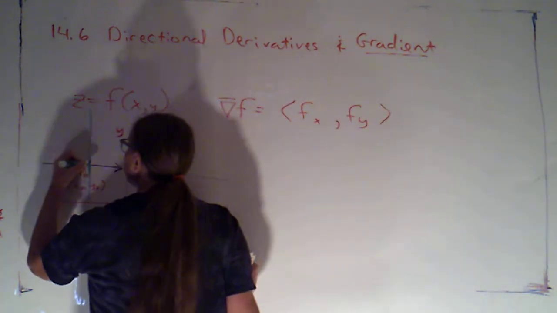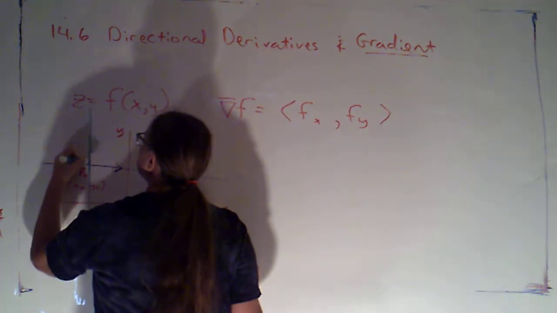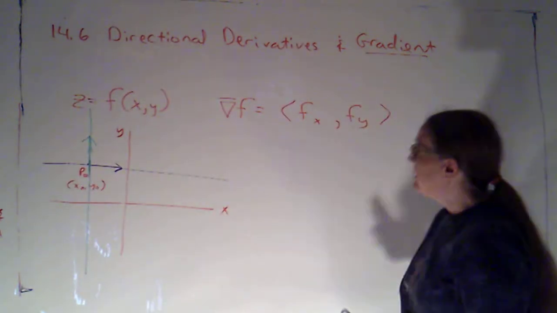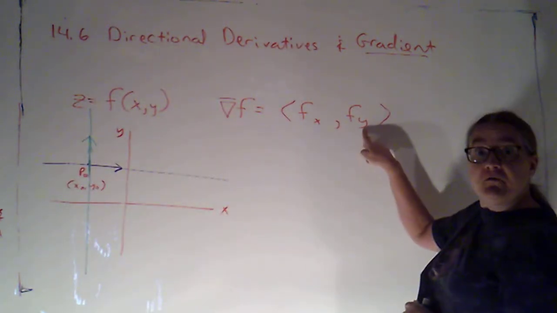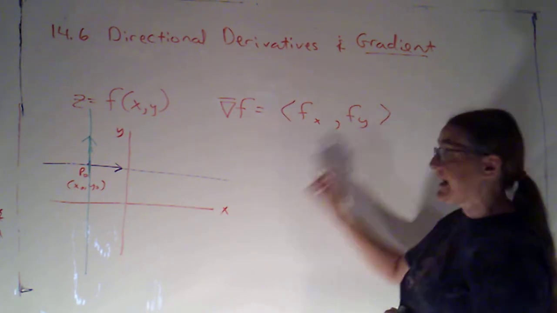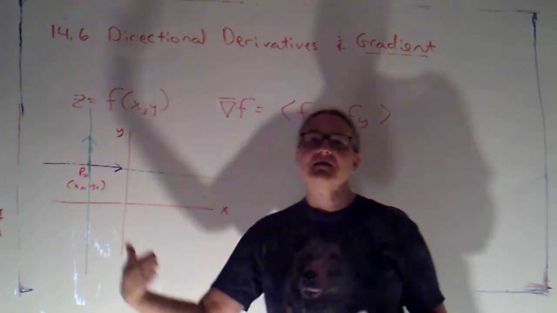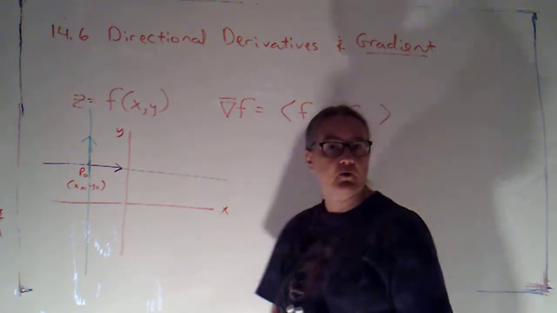And there, we're calculating the derivative as we move in the direction of increasing y. With this orientation, that looks like moving up. Of course, in 3 space, y increases as we move to the right.